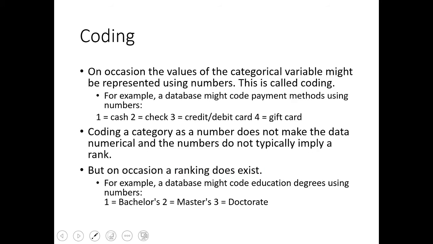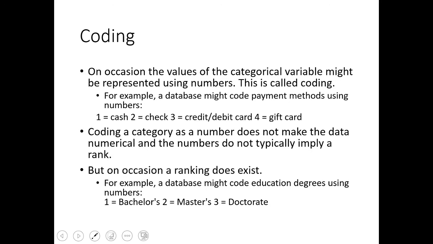For example, education degrees are verbal data: bachelor, master, doctorate. Then we assign the number 1 for the bachelor, 2 for the master, 3 for the doctorate.